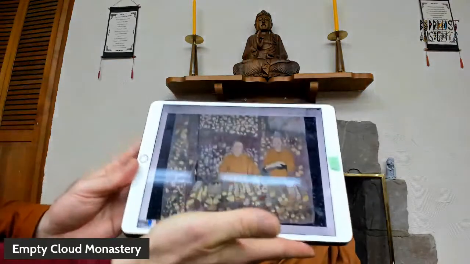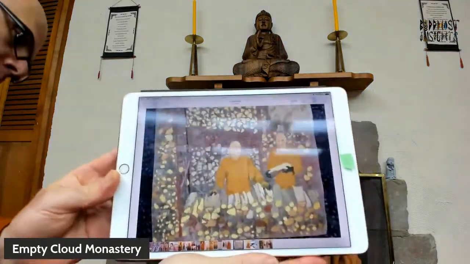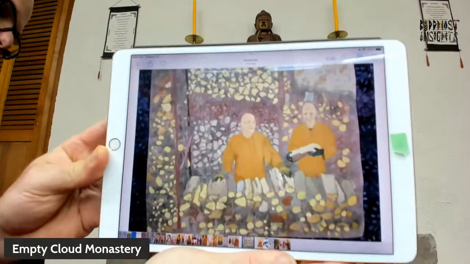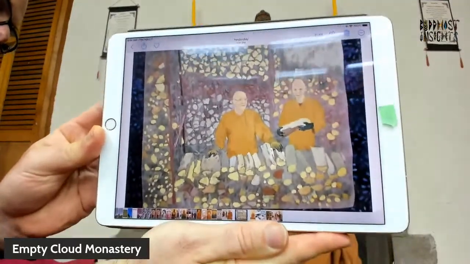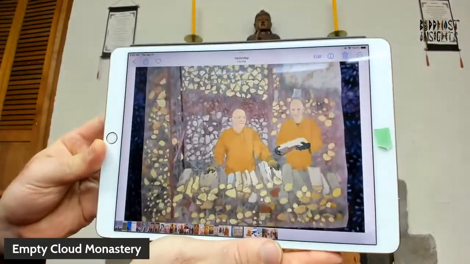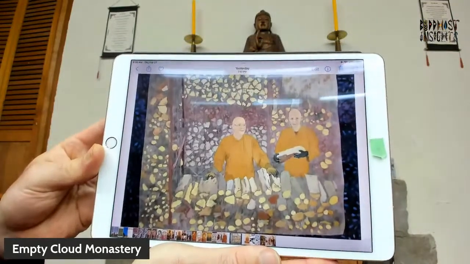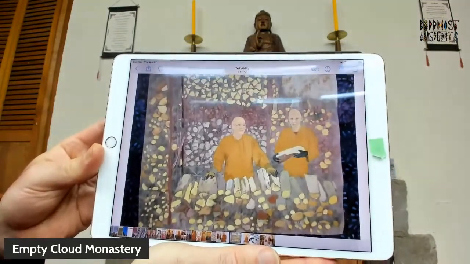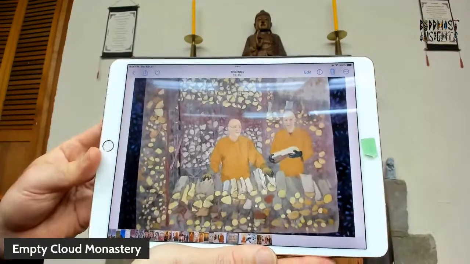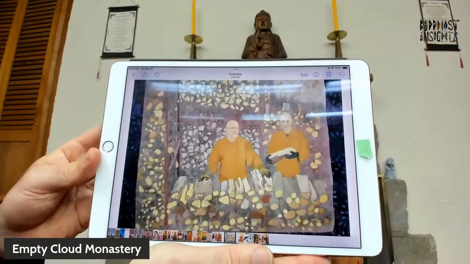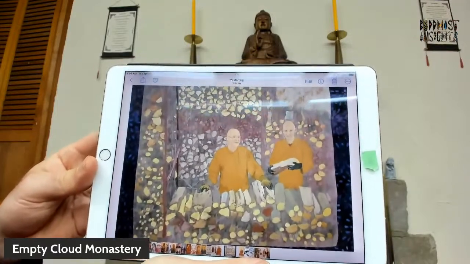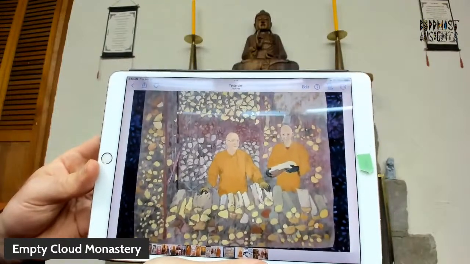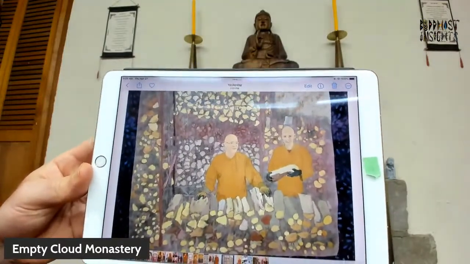When I seriously got into that, I had the idea when I first started getting interested in Buddhist artwork. I was looking around at all the different traditions of painting, artwork, any kind of sculptures, and I didn't like any of it.